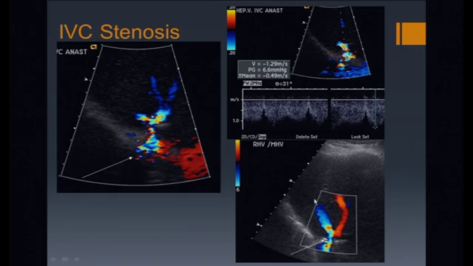So what is happening is that this hepatic vein here is becoming very stenosed as it enters into the IVC, and some of the blood can't get through, so it's backing up into this other hepatic vein branch. So reversal of flow in the hepatic vein, high velocities at the anastomosis, and you may see monophasic waveforms if you were to put your Doppler cursor more proximally in this hepatic vein.